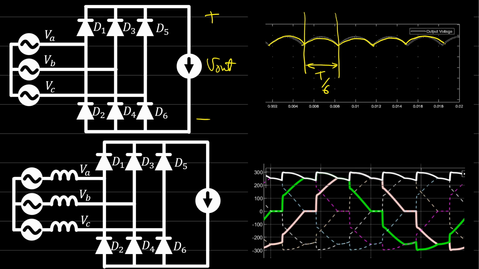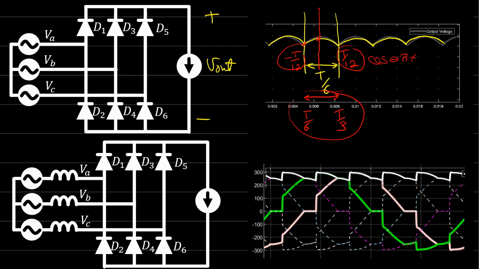The solution was easy, because we said we can take the axis from here and take the average from minus T over 12 to T over 12. Or you can say that this duration actually starts at T over 6 and ends at T over 3, and take the integration for the sine wave, or for these limits for the cosine wave, and find the average for the output voltage of this three-phase full wave rectifier.